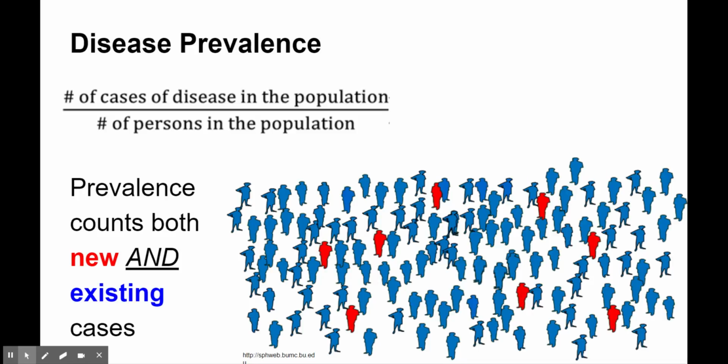So, regardless of whether someone was diagnosed with COVID last week or last month, if you're looking for the prevalence of COVID in a location, you would include everyone who is sick during that time period.